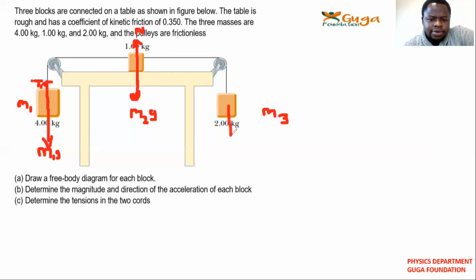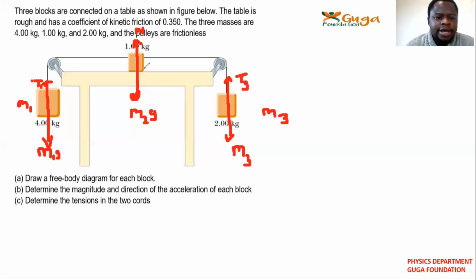Here also, same thing, you'll have a weight of M3, and then here you'll have a tension, so you'll have a T3.